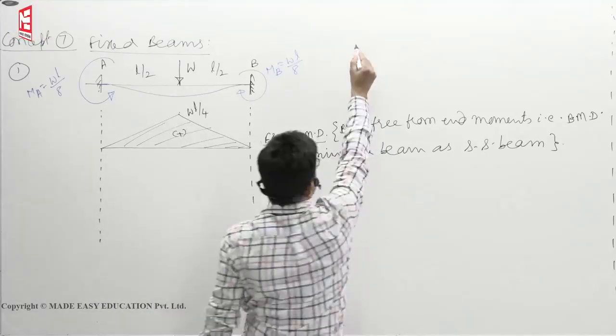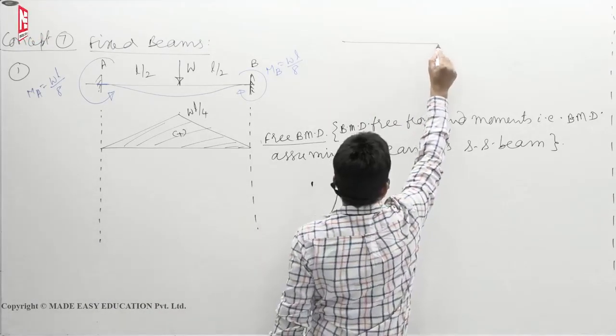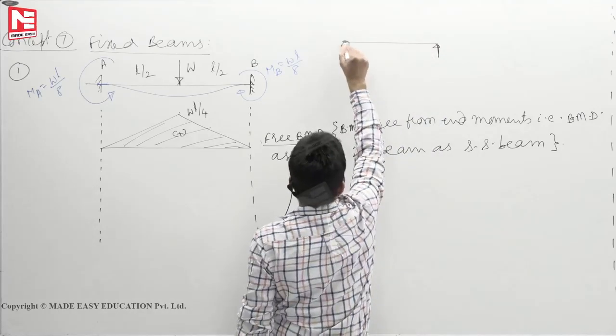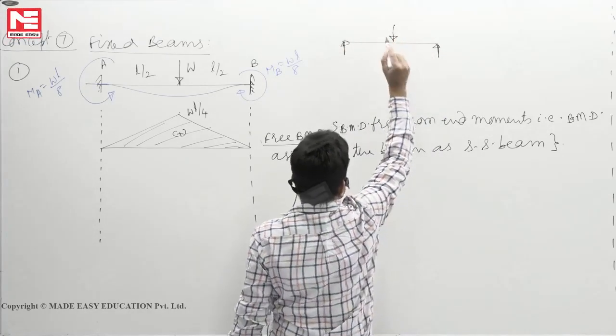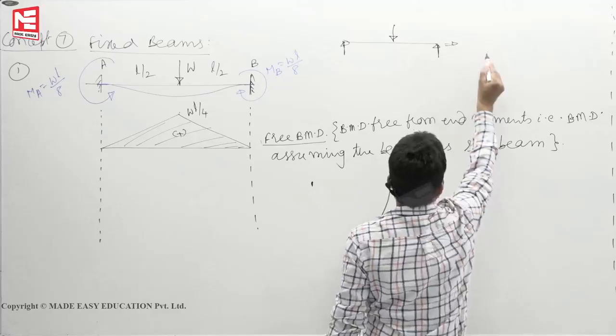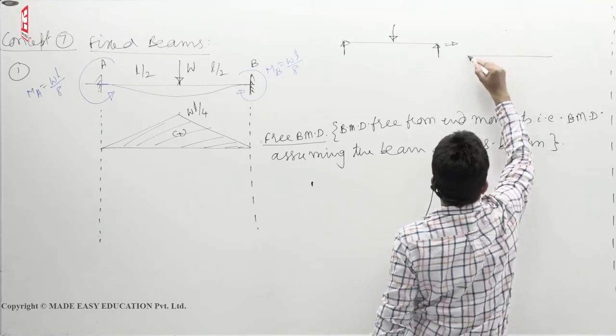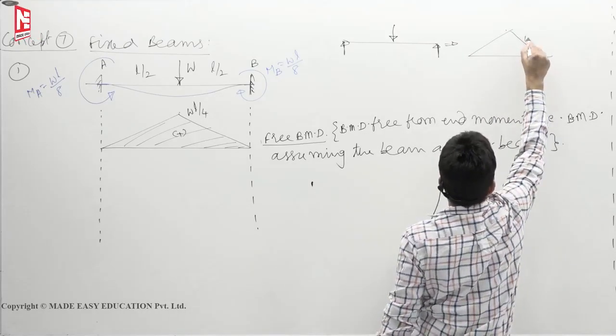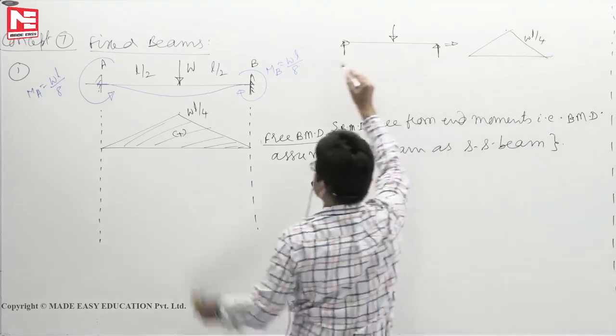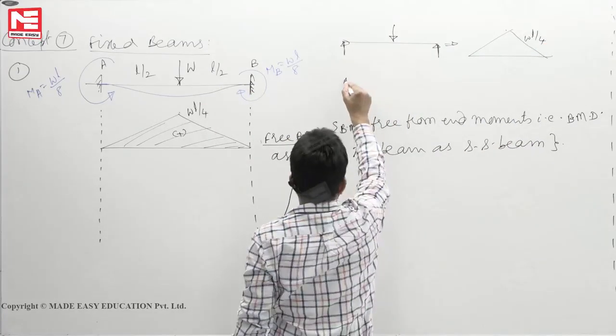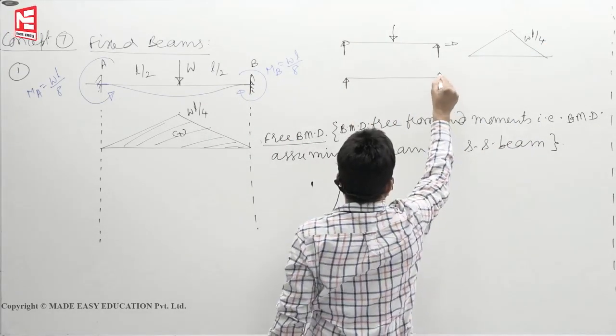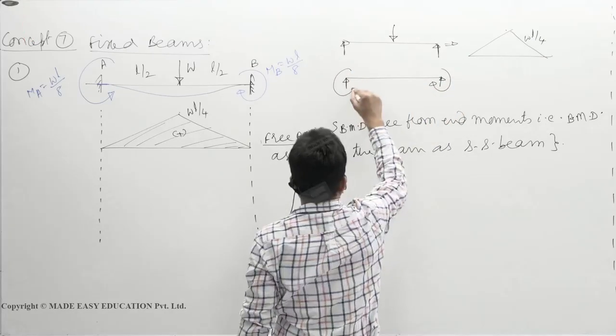So like this, first you have taken a simply supported beam subjected to central point load. For this one we know the bending moment diagram is like this, WL by 4. But this and this are not the same. Next what we do is we apply the end moments.